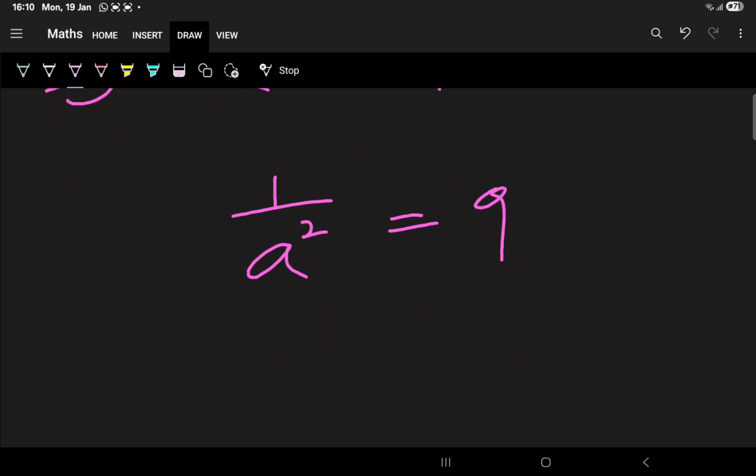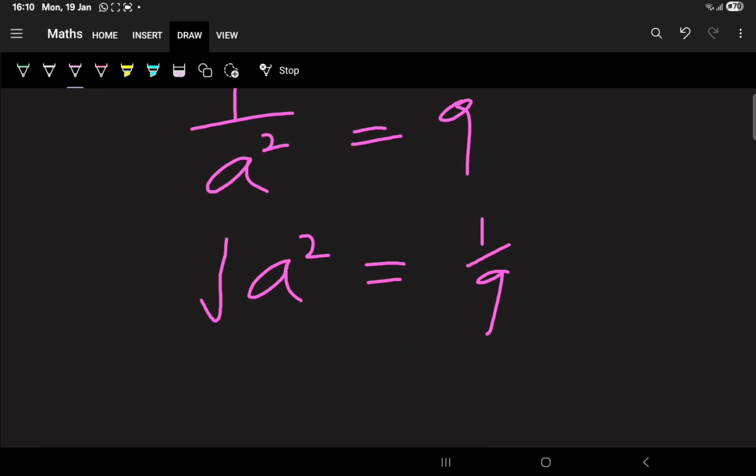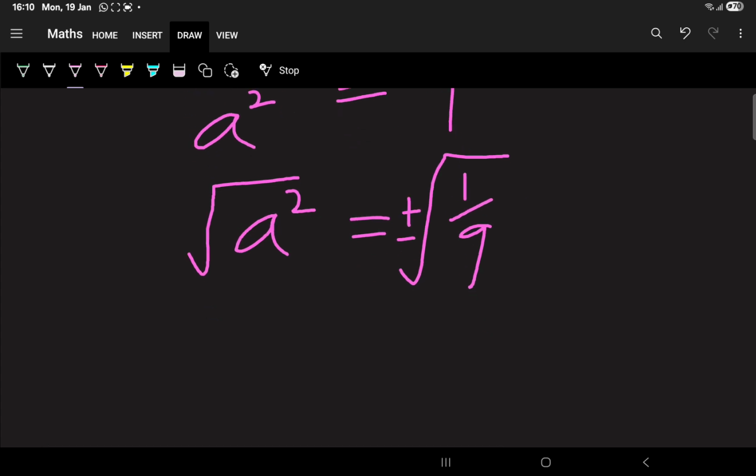Now we can take the reciprocal, that is the inverse, of both sides. Now this is going to be, taking the inverse, a squared is equal to 1 over 9. Now we can take the square root of both sides. Taking the square root of both sides, 1 over 9 is going to have two values, a positive or negative value.